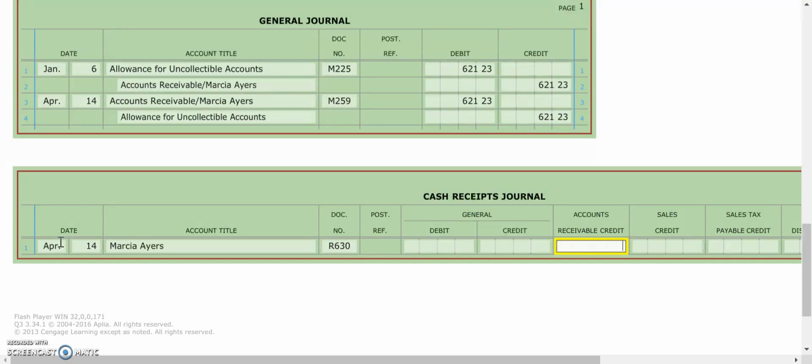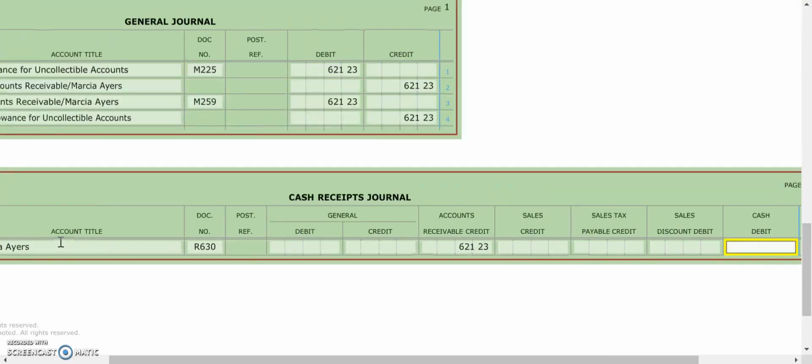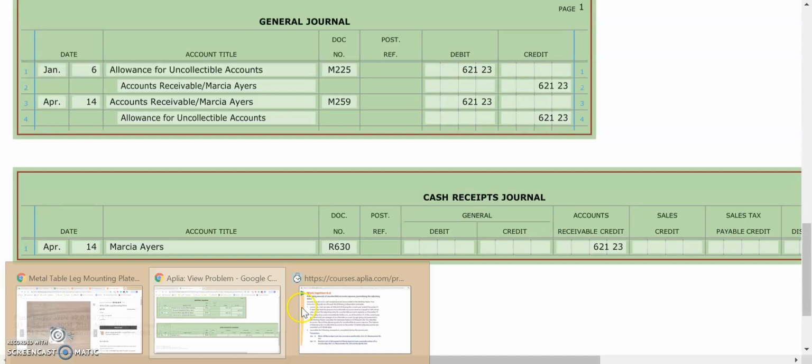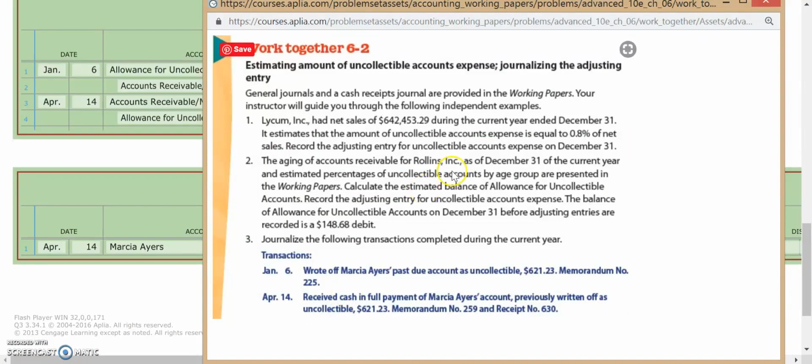And we go over to our accounts receivable credit, same amount of that 621.23, and then we just put our cash debit as 621.23. And so this shows that Marcia has paid us. Her account will go back to a zero balance, but it'll be because she paid us and not because we wrote off her account. So those are our 3 steps for this 6-2 assignment. So you can head over and do it on your own as well as your application problem.